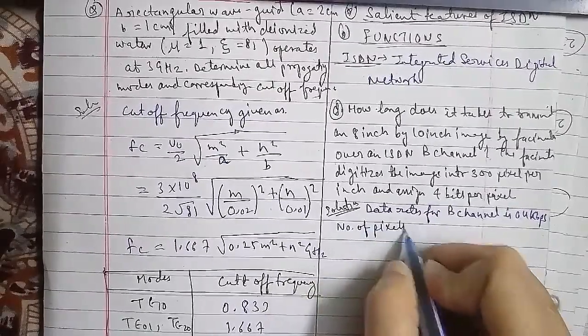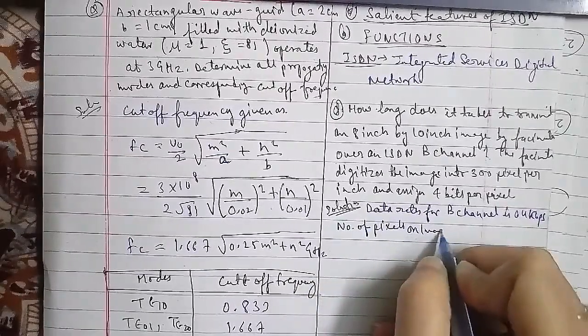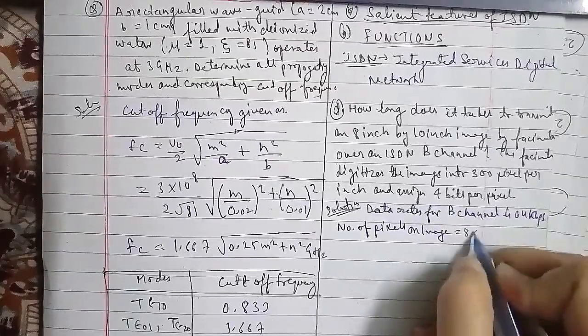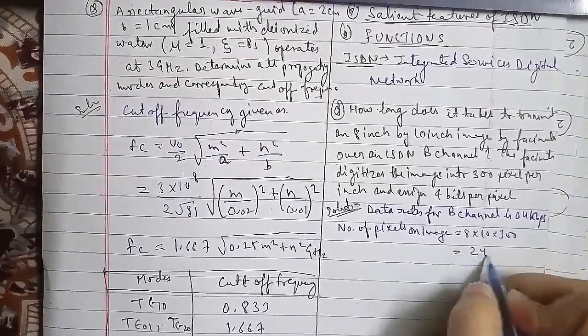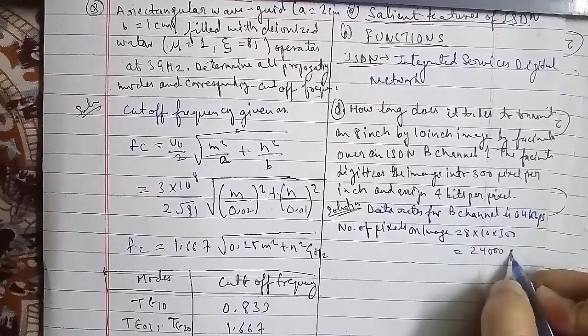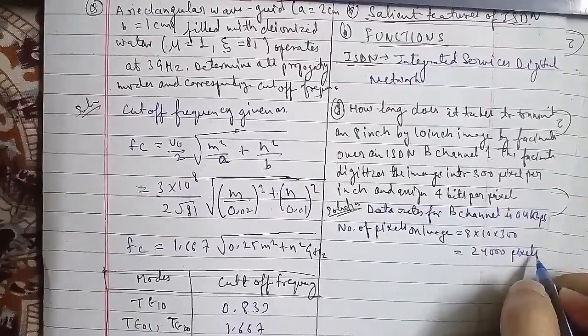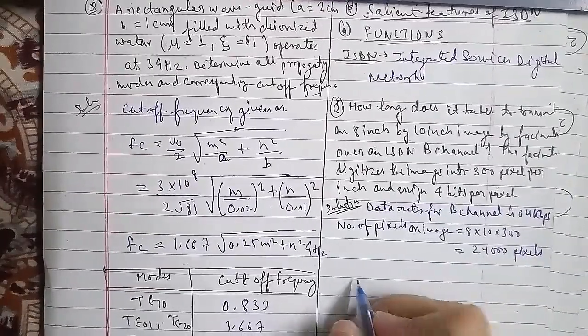The number of bits equals 24,000 multiplied by 4, that is 96,000 bits, which is equal to 96k bits.